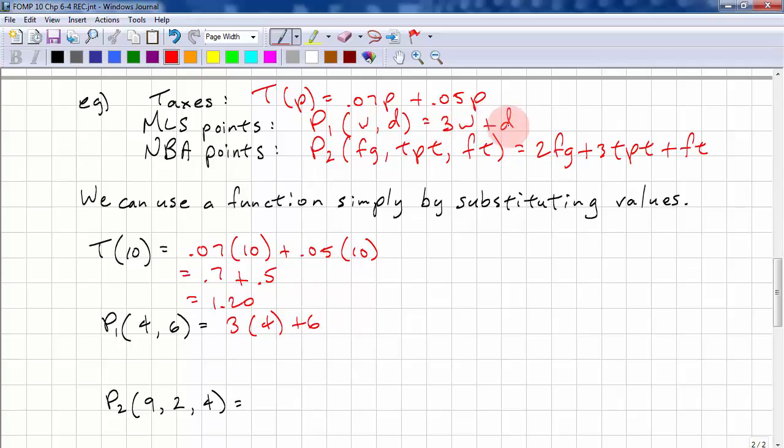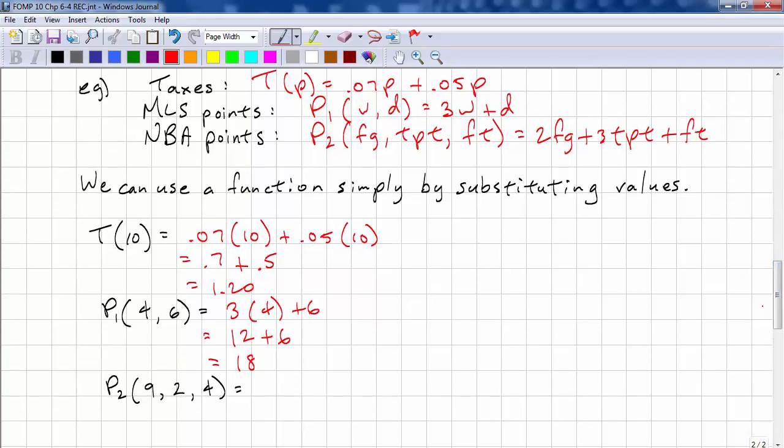W goes here, D goes here. And we have 12 plus 6. So that works out to 18 points. Now we have the NBA points, P2. 9 field goals, 2 3-pointers, and 4 free throws. So we have 2 times 9, 3 times 2, plus 4. So we have 18 plus 6 plus 4, and that's 28 points.